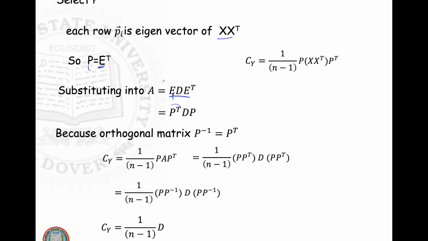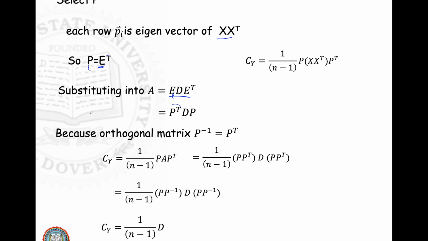So we substitute in this P, we get P transpose D times P, and because we have an orthogonal matrix P, if it's a matrix of orthogonal basis vectors, which it is if it's a set of eigenvectors, the inverse is equal to the transpose.